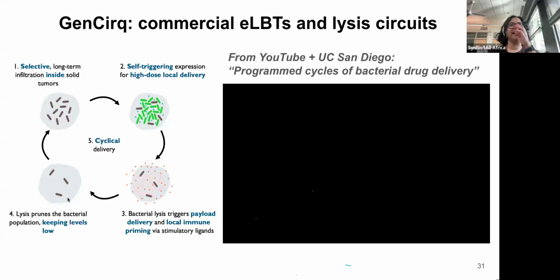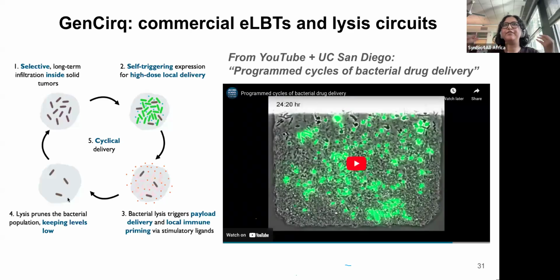Example through the lens of a company that was founded to build commercial engineered living bacterial therapeutics and lysis circuits. I'm going to first walk you through how this works, and then we'll watch a fun video. Basically, the bacteria will have long-term infiltration inside of those solid tumors, exactly in the same ways that I told you before.